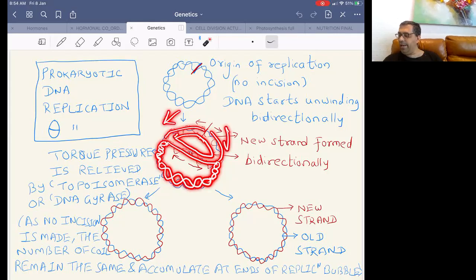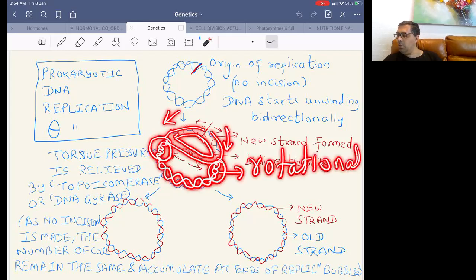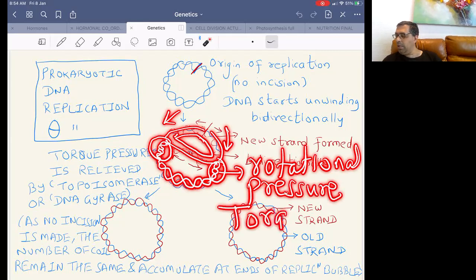the coils come very close to each other, and in this highly coiled area, there develops a rotational pressure, which is called as torque pressure.